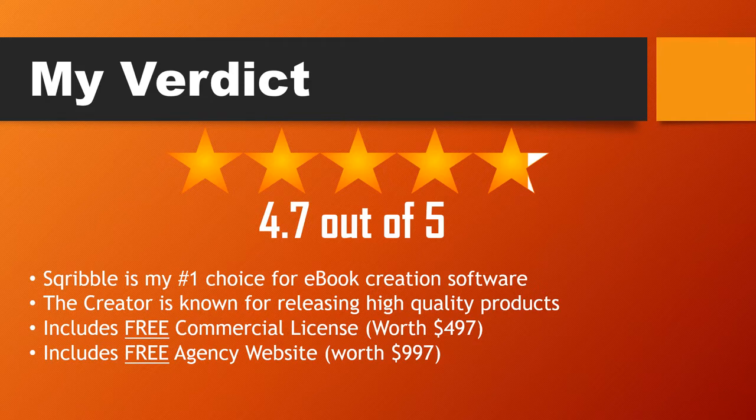When you want to get ebooks done, reports done, white papers, all the rest of it, it's absolutely incredible. The creator's known for releasing high quality products, so you're going to be in great hands. It's great customer service. It includes a free commercial license worth $497. It includes a free agency website with a portfolio worth $997.